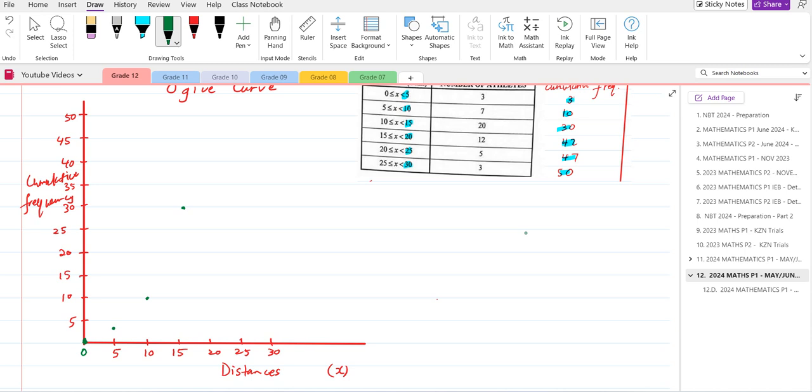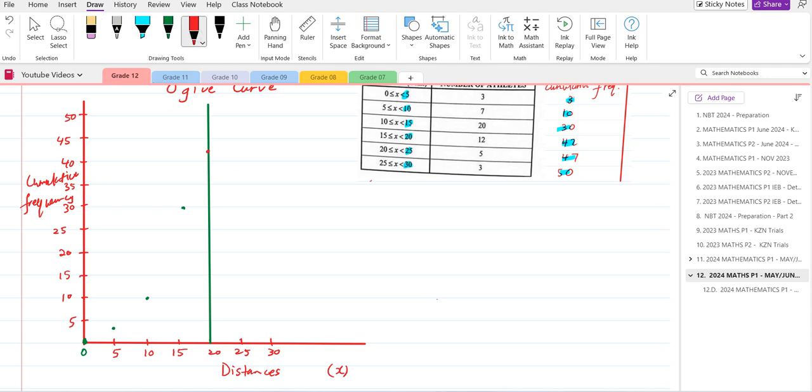Next point is 20 and 42. I'm just going to try to get it in line with the 20 and 42. 42 is somewhere around here, 40, 42.